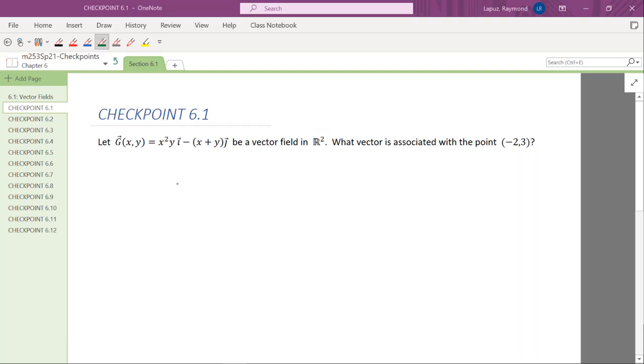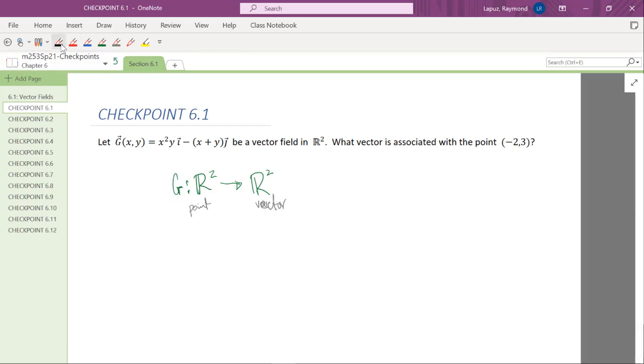If we remember that a vector field, in this case it's G, it takes in an input of a two-dimensional point, or at least in this one, and then it outputs a two-dimensional point, but we usually refer to the input as a point and then the output as a vector.